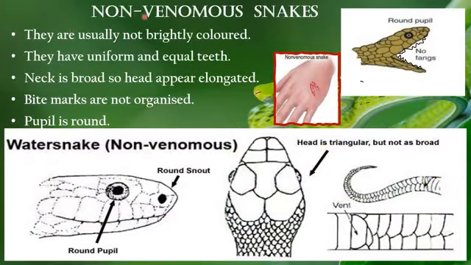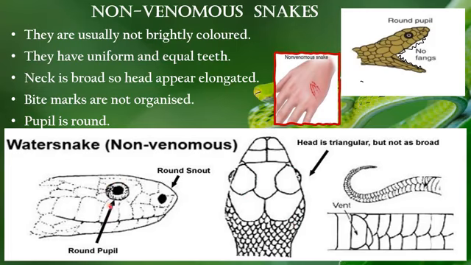Secondly, talking about non-venomous snakes, they are usually not brightly colored. They have a dull finish over their skin. They have uniform and equal teeth. The neck is broad, so the head appears elongated from the body itself. The bite marks are not organized. The pupil is round.